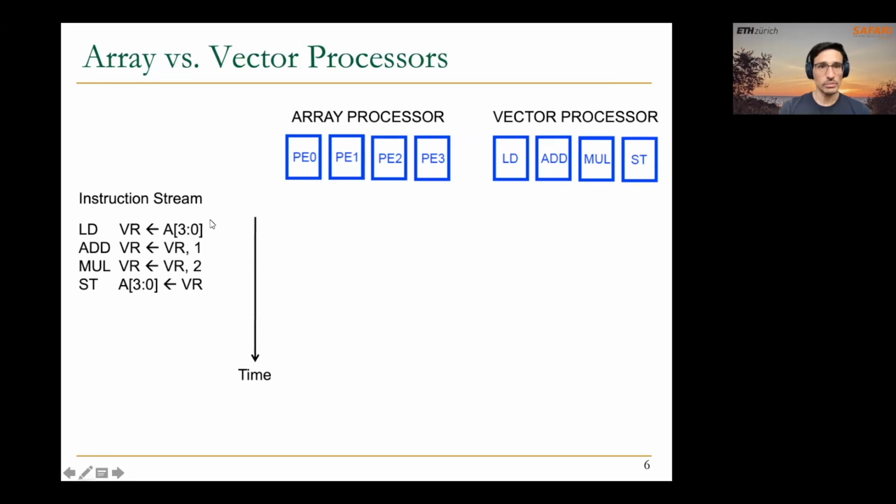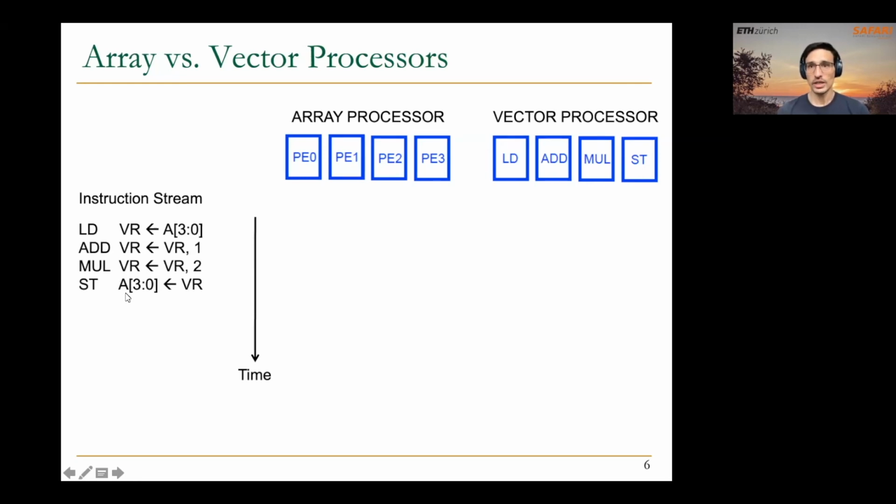Notice that, for example, in the vector load instruction, we are accessing 4 elements at a time from memory from an array called A, and storing these 4 elements in a vector register that should be as wide as needed to hold the 4 elements of the array A. Then we perform the addition, multiplication, and finally store the result back to the 4 positions of array A.